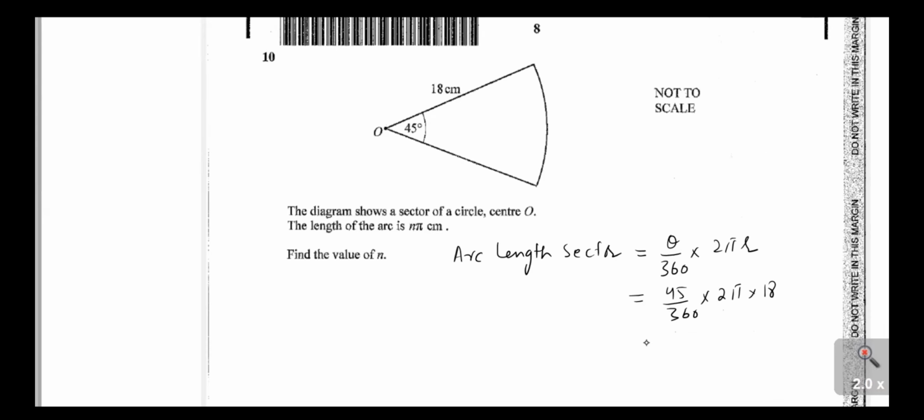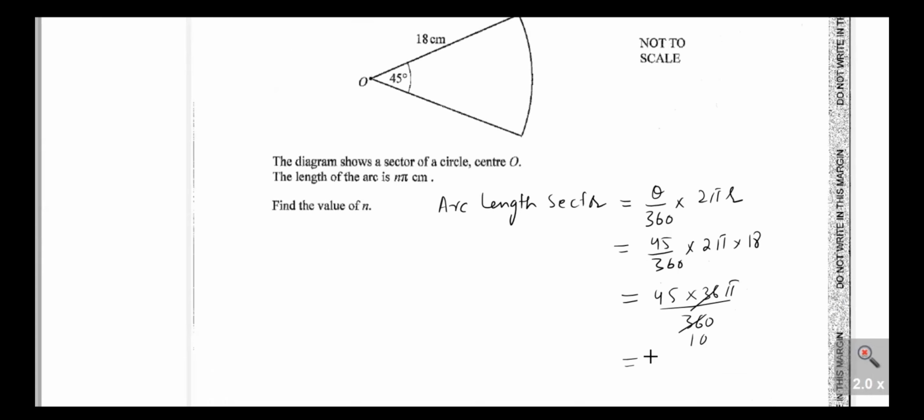And we can write this 45 into 2 into 18 is 36 pi over 360, and 36 times 10 is 360, so 4.5 pi, and the arc length is n pi. Therefore, pi would be cancelled. Therefore, n equals 4.5.